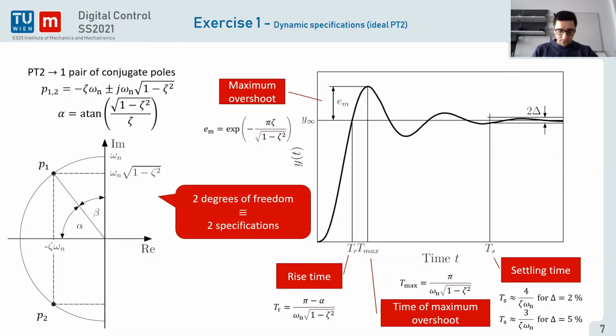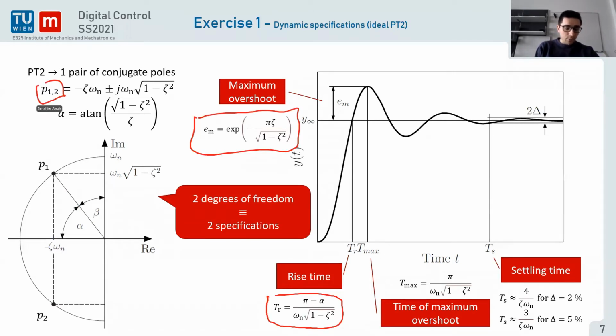So we will need to use this formula and this formula here to find where the poles P1 and P2 are located. Most of you probably already know all of this, but still it's really important. Also remember that in discrete time, where you want to design some specific behavior, you always identify a PT2 in continuous time, and then you transform this PT2 into discrete time.